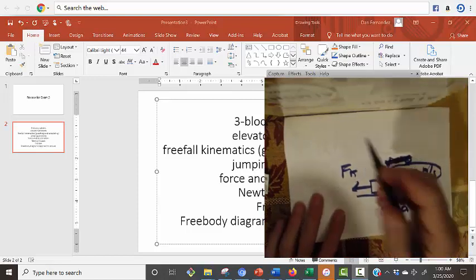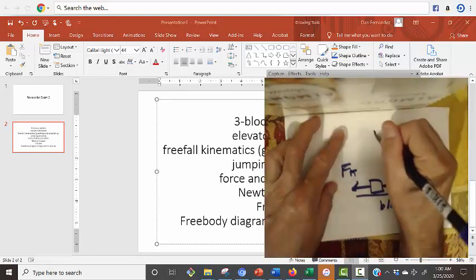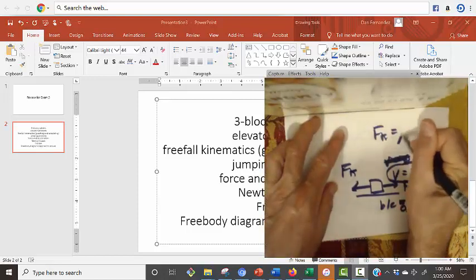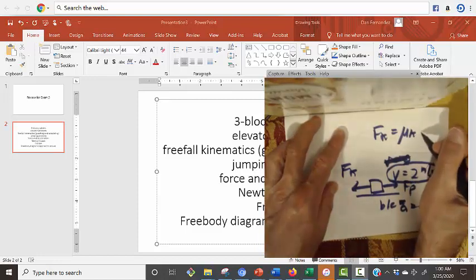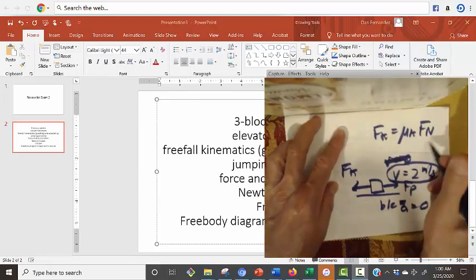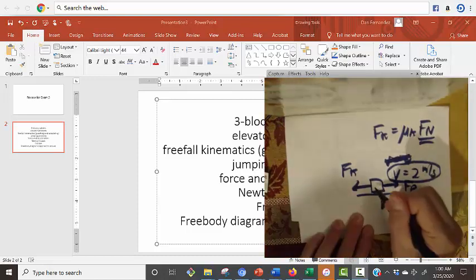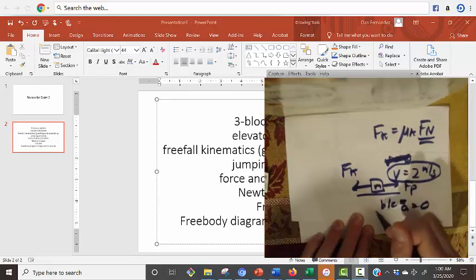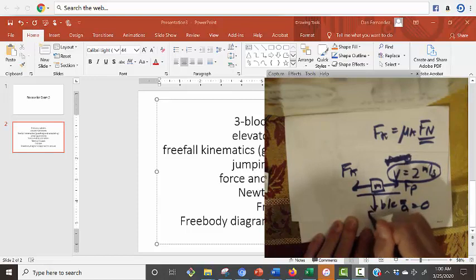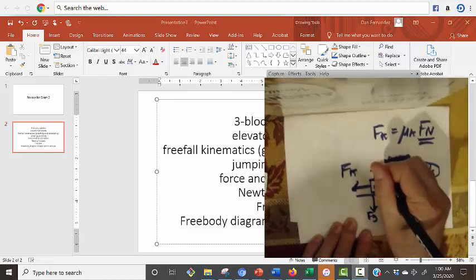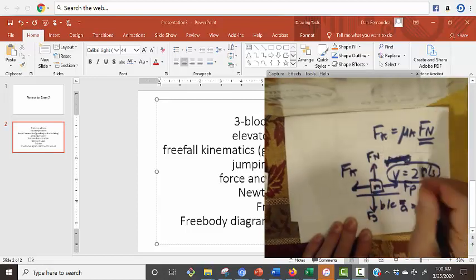And once you know the friction force, you could calculate the coefficient of kinetic friction by knowing the normal force. You know the normal force because if you know the mass of the object, you know that there's a force due to gravity that's pulling the object down, and that there's a normal force that's pushing the object up.